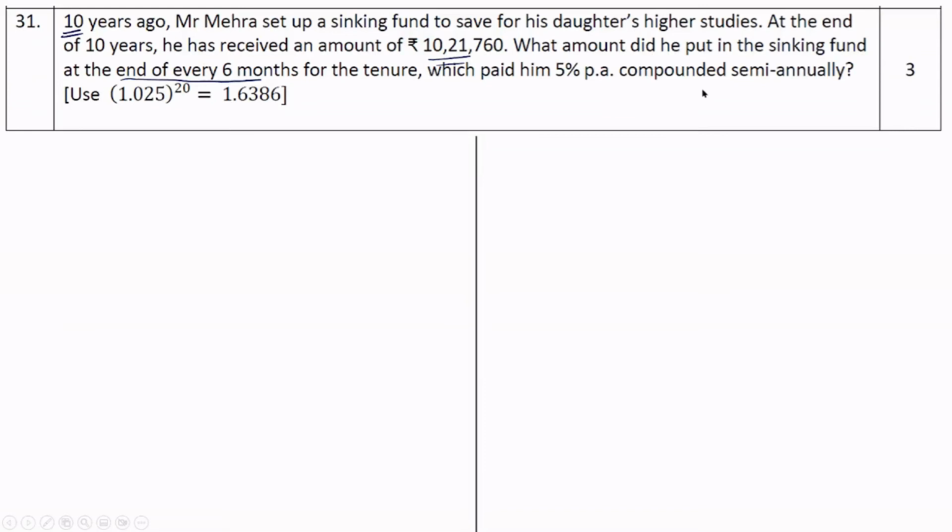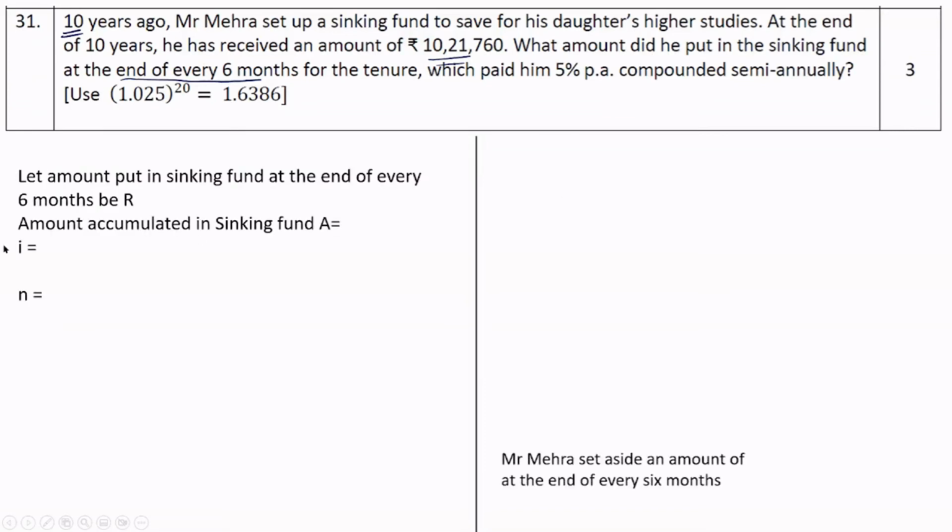So this is a sinking fund problem. Let the amount put in the sinking fund at the end of every 6 months be R. The amount accumulated in the sinking fund, A, is rupees 10,21,760. Interest is 5% per annum compounded semi-annually, so it is 0.05 by 2, which is 0.025.